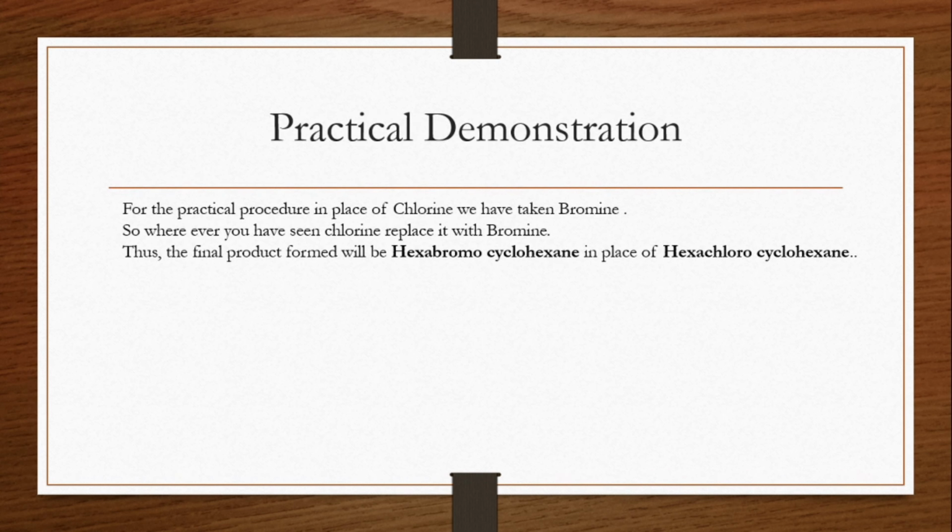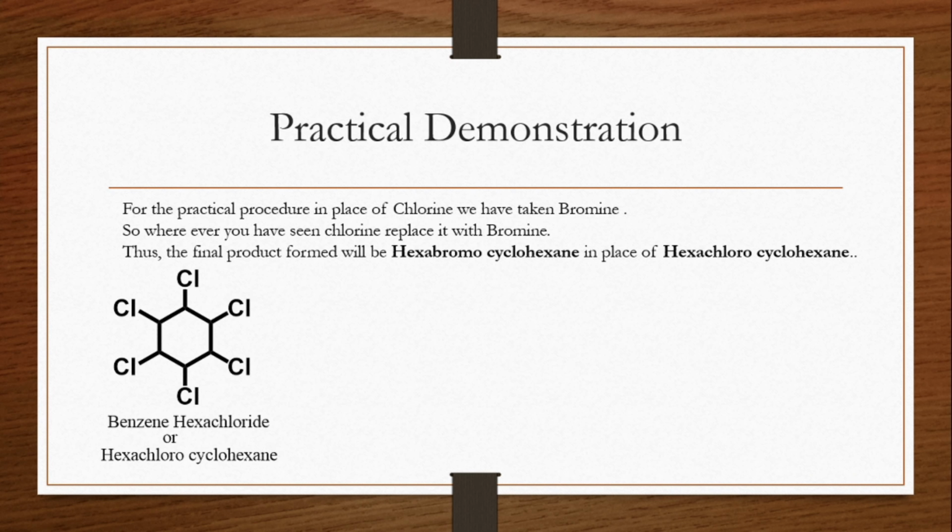For the practical demonstration, here we have taken bromine in place of chlorine. So wherever in the above reaction you have seen chlorine, replace it with bromine. The final product formed will be hexabromocyclohexane in place of hexachlorocyclohexane. You can see what change will be brought upon the structure of the final molecule.